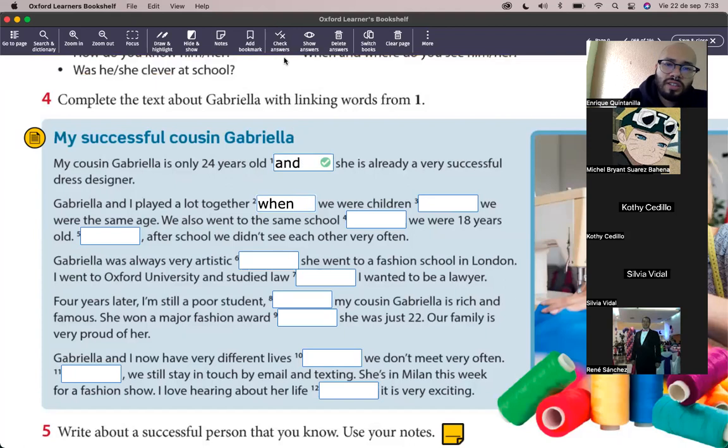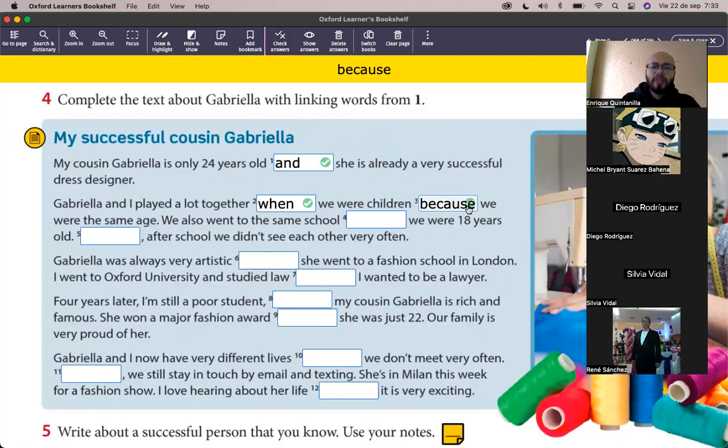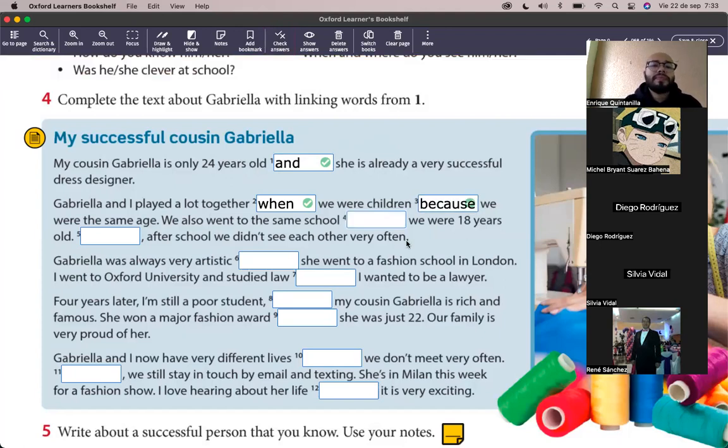When, and it's correct, when. Because we were the same age, correct. Until we were 18 years old, correct. We have a period.